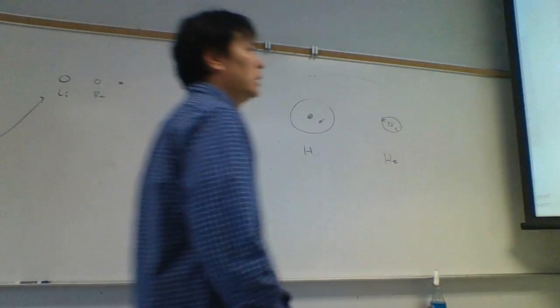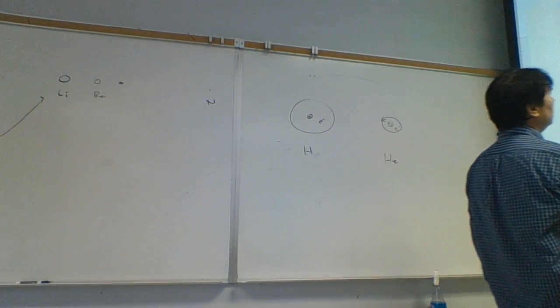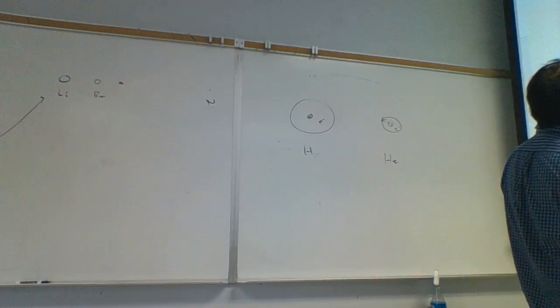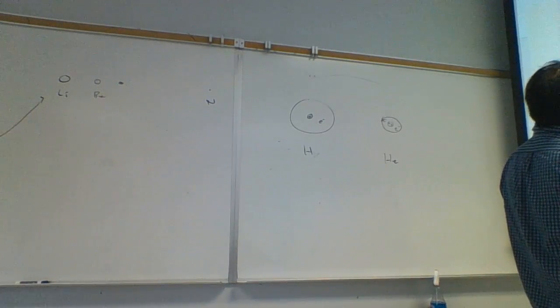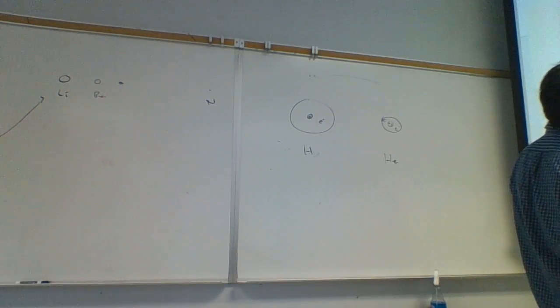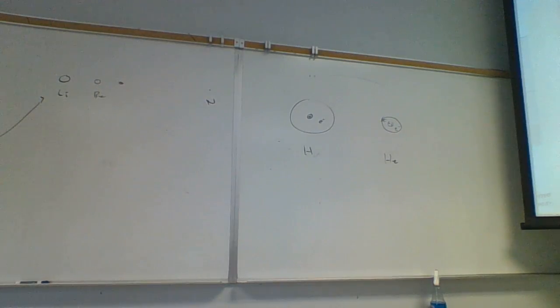So as we go across here, it's hard to see with hydrogen and helium. This is 37, that's 31. But it looks like helium's bigger. Am I imagining it, or does it look like helium's bigger? It totally does.